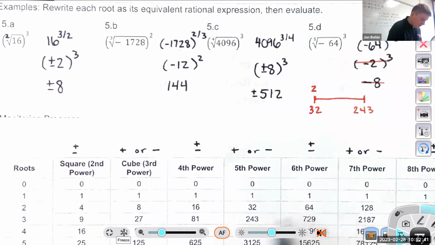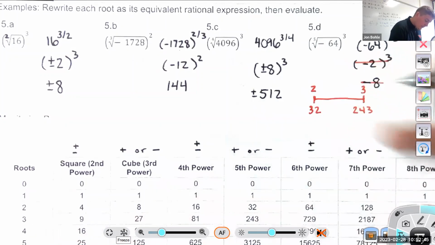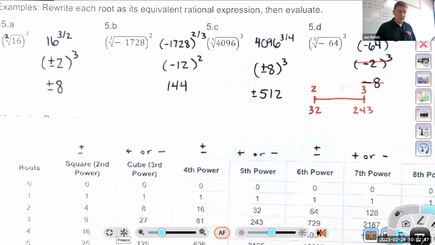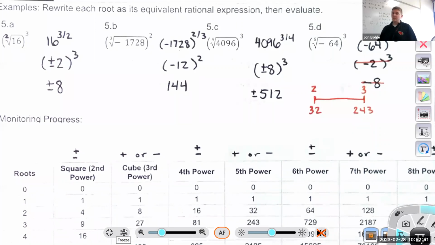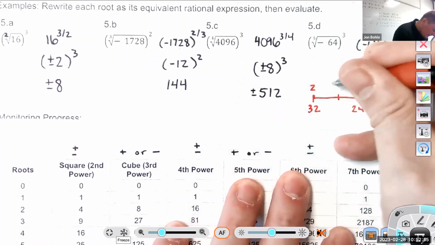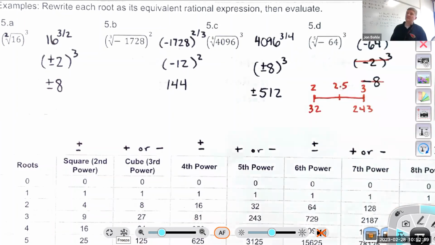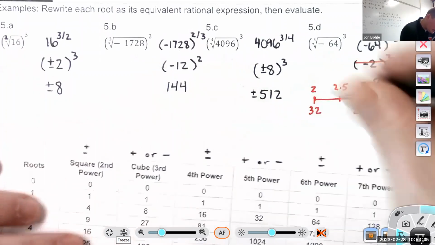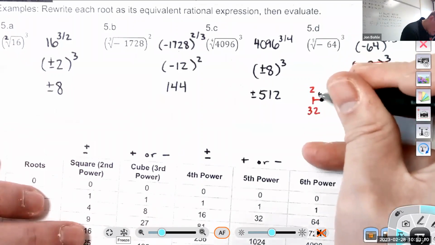What is the fifth root of 243? 3. Okay. On this number line, knowing that 32 is over here, 243 is over there, what half is this on? So if we know that this in the middle is 2.5, what half would 64 be on? The left half or the right half? Left. And probably pretty close, right? Maybe right here. That would be 64 roughly.